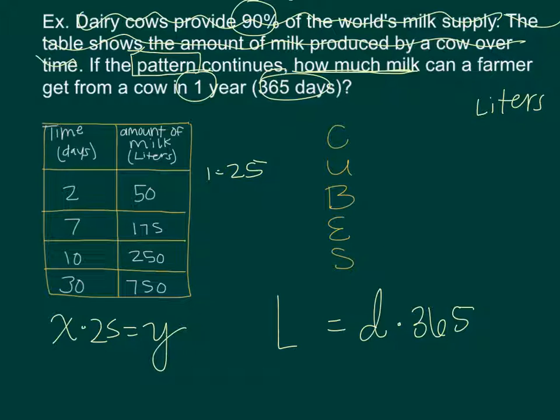Okay? So if I take 25 and times it by 365, it should tell me how many liters a cow produces in 1 year.